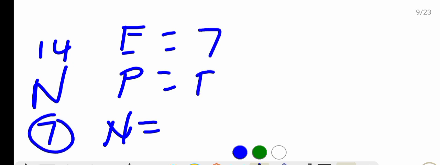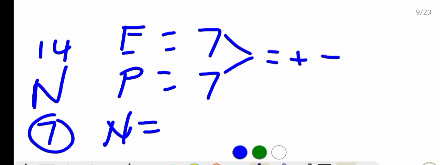The protons are also going to be 7 because it's a neutral atom of nitrogen. So the protons and electrons are equal. What we mean is the positives and the negatives are equal, right? So 14 minus 7 is 7. So even the neutrons are 7, all right?